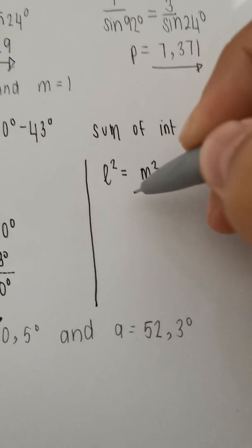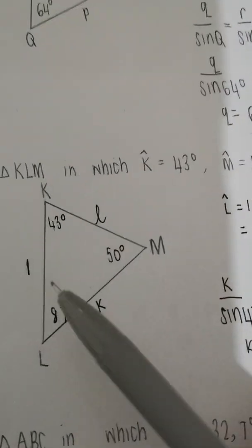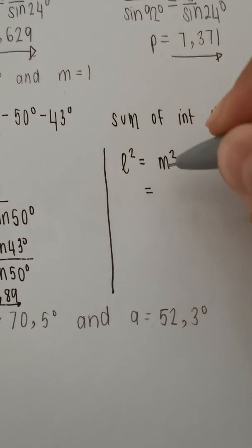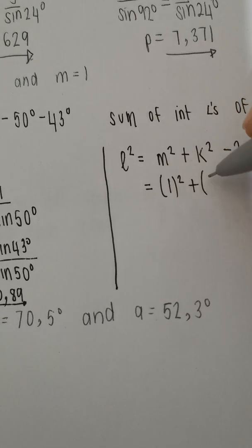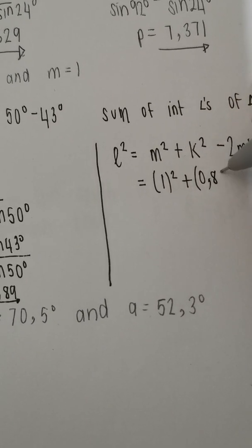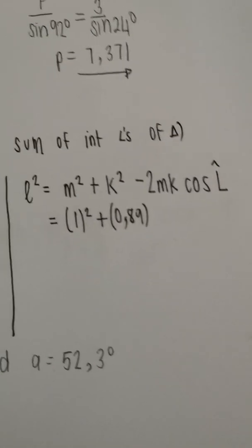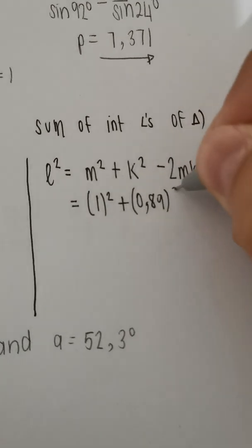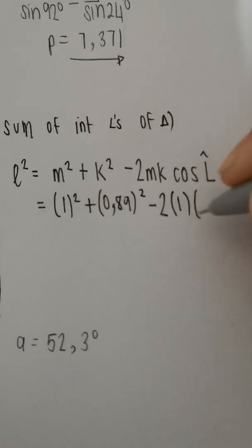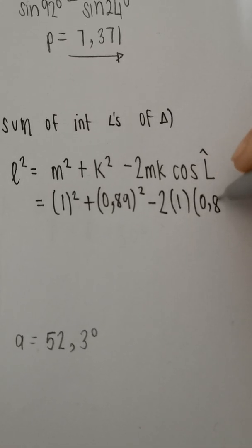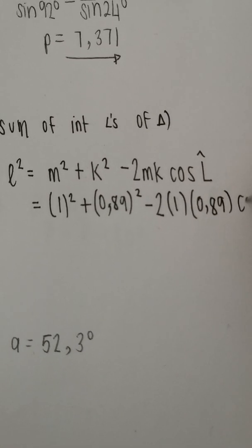Okay, so M we know is 1. They gave that to us. K is 0.89. But remember, it's on my calculator stored as A. Angle L we figured out as 87 degrees.